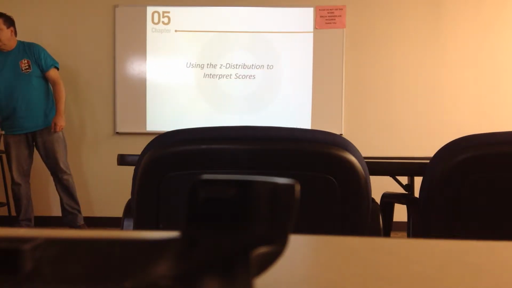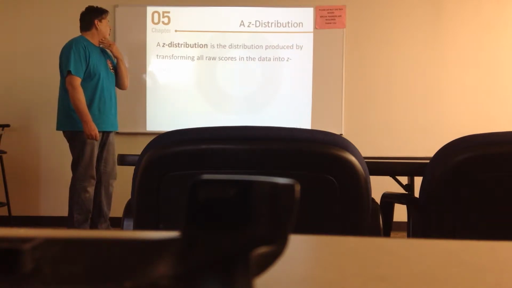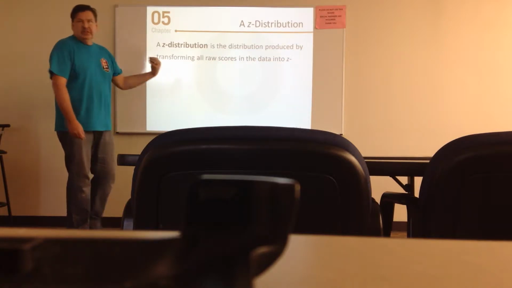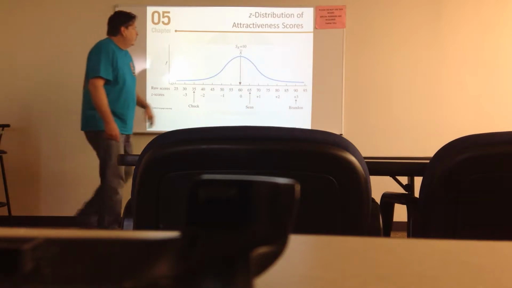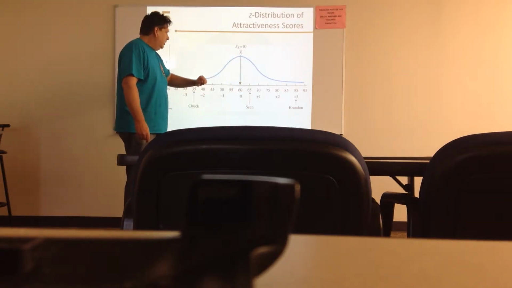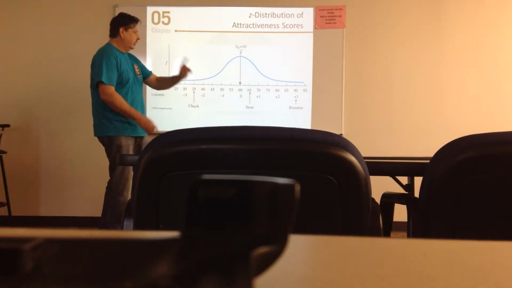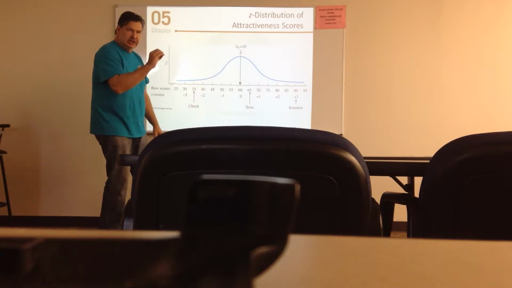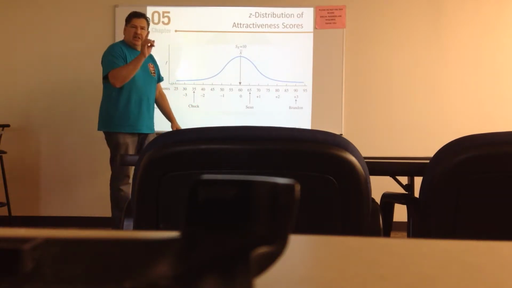Using the Z distribution to interpret scores. The Z distribution is a distribution produced by transforming all raw scores in the data into Z-scores. Here, like I say, is the mean. In this particular example, we have Z-scores here, and the Z-score distribution always has a mean of 0 and a standard deviation of 1.